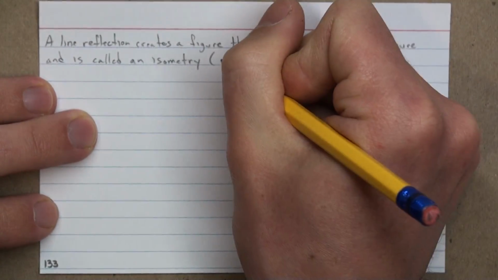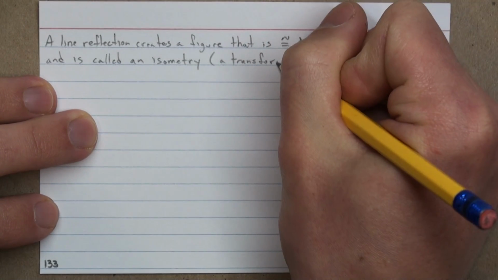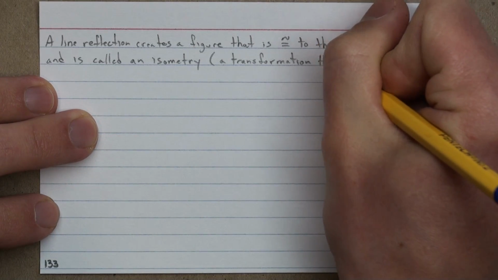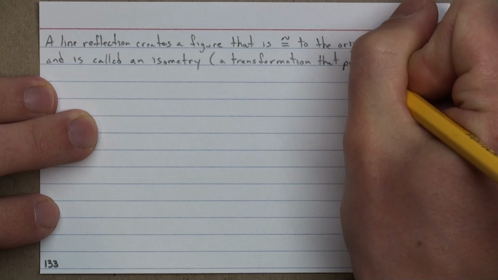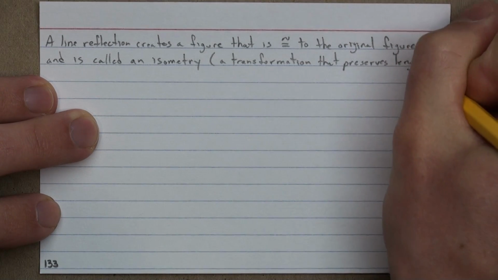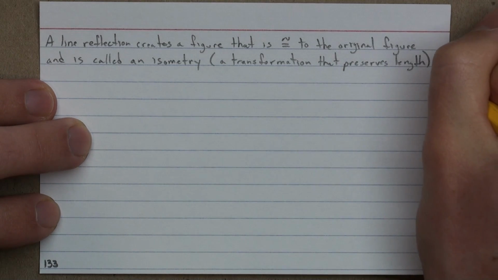And an isometry is a transformation that preserves length. So in other words, the length doesn't change.